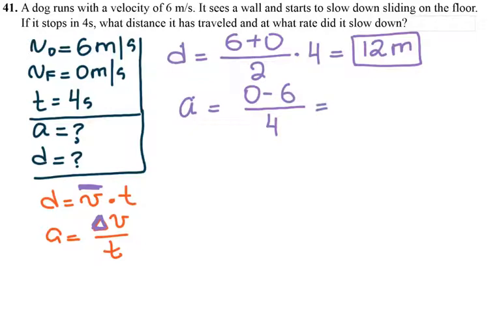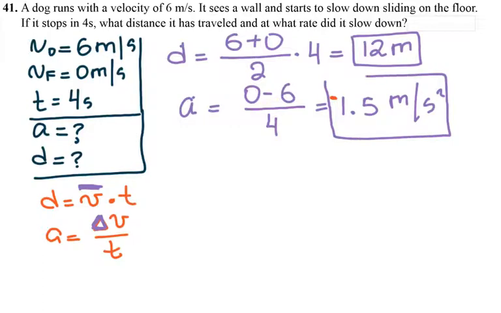That gives us 1.5 meters per second squared, and it is negative because it is decelerating, like the example with the car that we just looked at. The dog had positive velocity, but each second it gets less and less velocity and less distance traveled each second, because acceleration is in the opposite direction of the velocity.